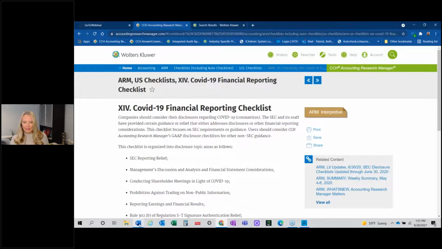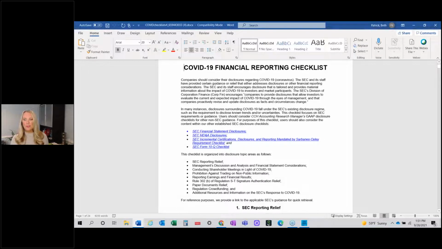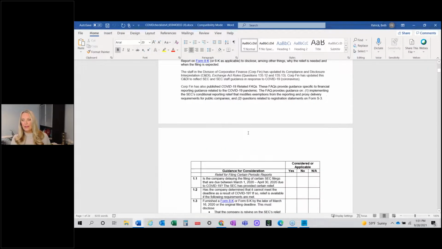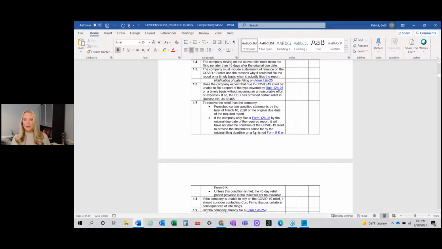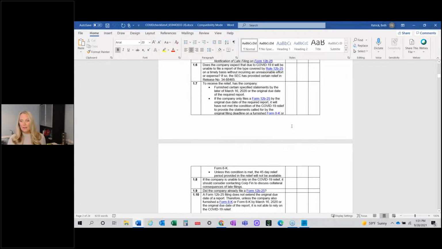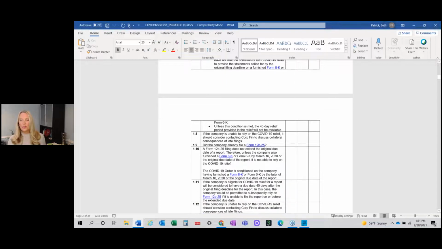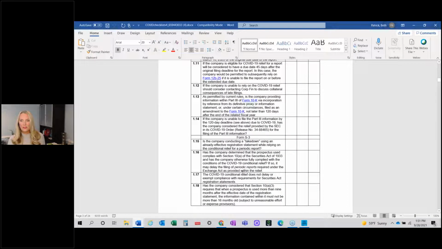I think I have it open. So when you open this up, this will go through some of those SEC items that we were talking about as well, just to walk you through, make sure you're not missing anything. If you want to go look at any of the official links from the SEC, these blue links are going to take you directly to that and give you a little bit more explanation.